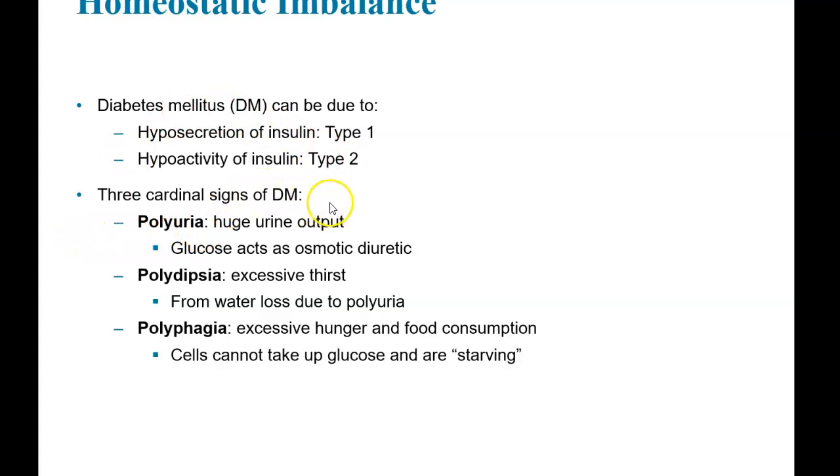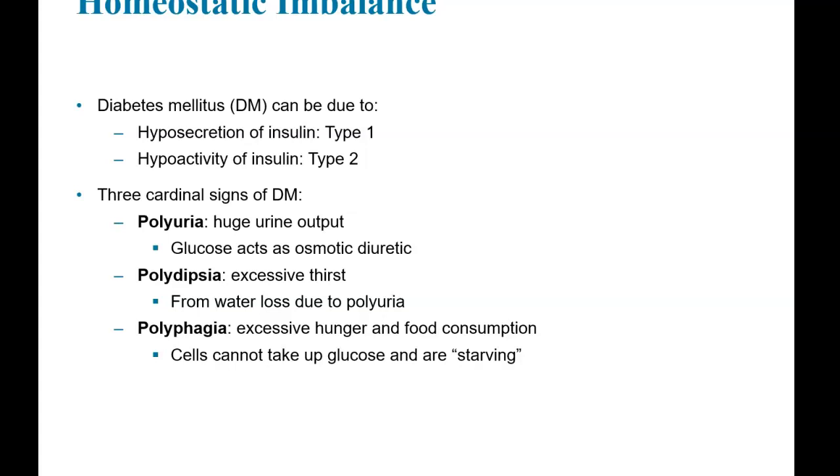The three main signs of diabetes mellitus are, first, a huge urine output, where glucose acts as an osmotic diuretic. Because when you have high levels of glucose in the blood, the kidneys aren't able to filter all that sugar out of the urine. Okay?